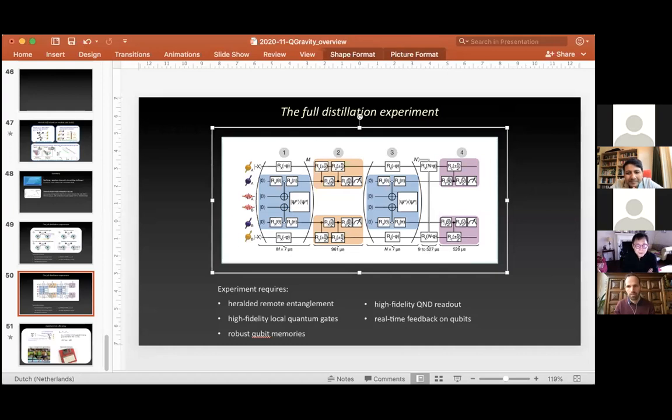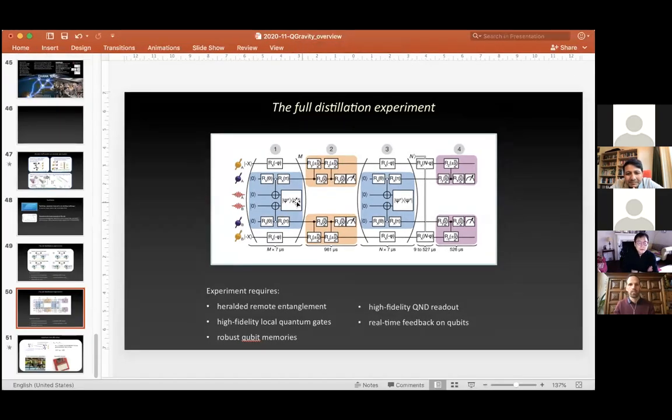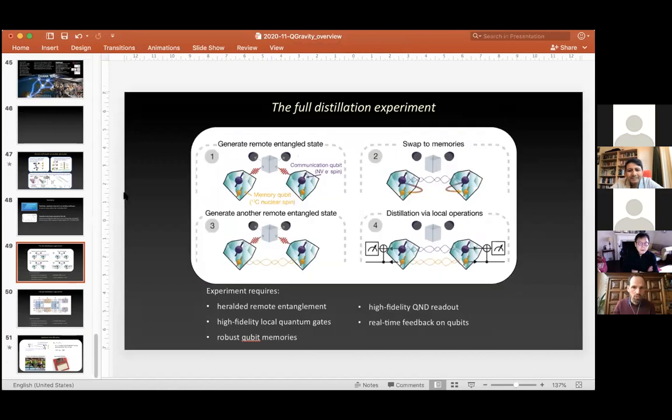Yeah. So here is the experiment. Maybe I should show this one. This is a very simple experiment, but it shows you maybe the way we're going. In this case, we make entanglement between two electron spins. Then we swap the state onto the nuclear spin.